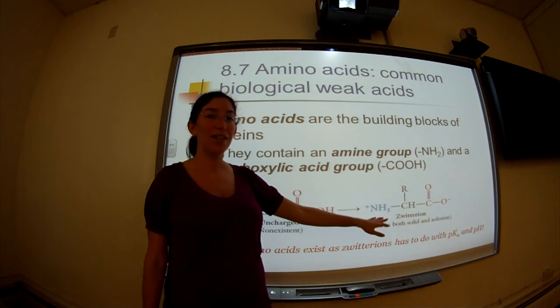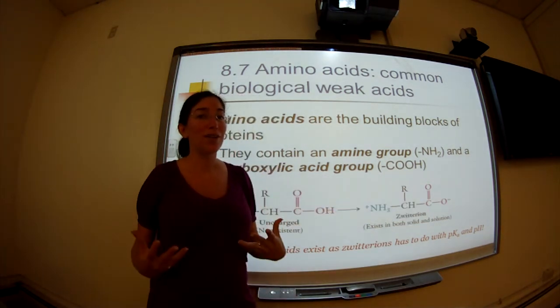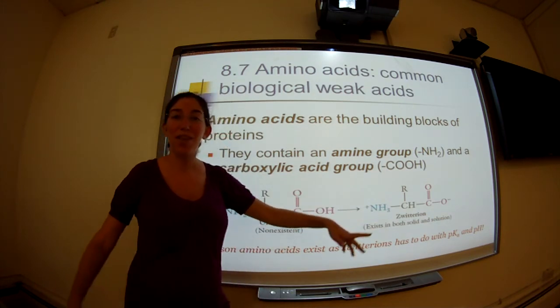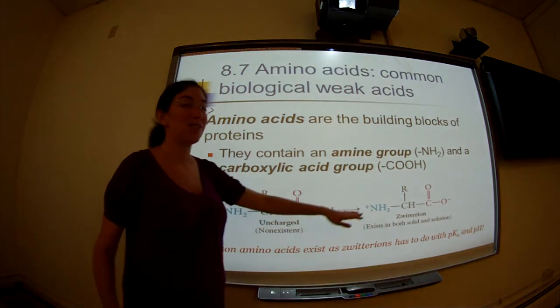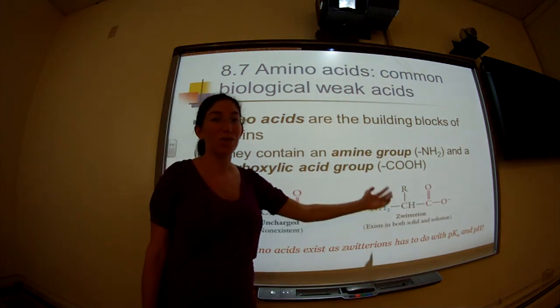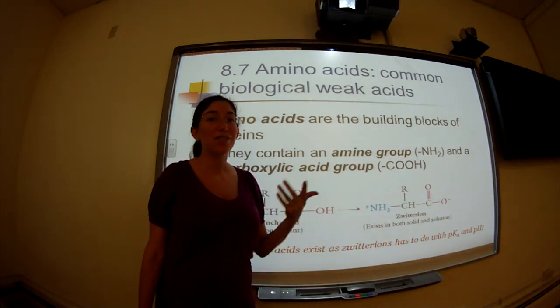When you have an ion like this, with a positive and a negative charge but overall neutral, you call that a Zwitter ion. I love that word. I just think it's fun to say, a Zwitter ion. So amino acids exist mostly as Zwitter ions at physiological pH, which is about neutral.